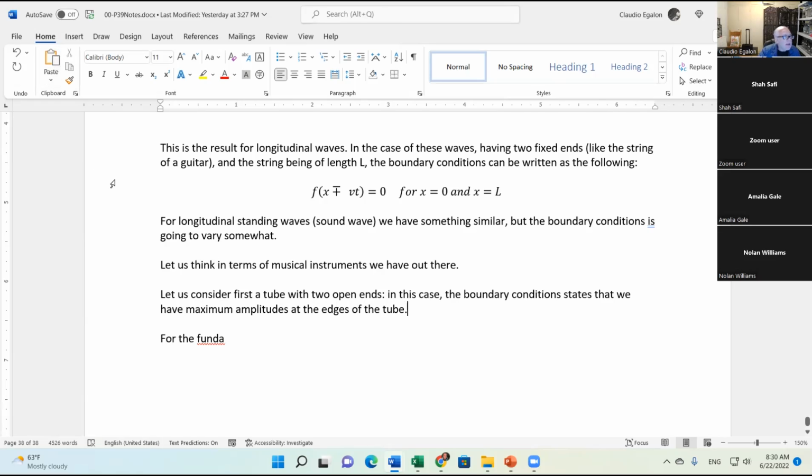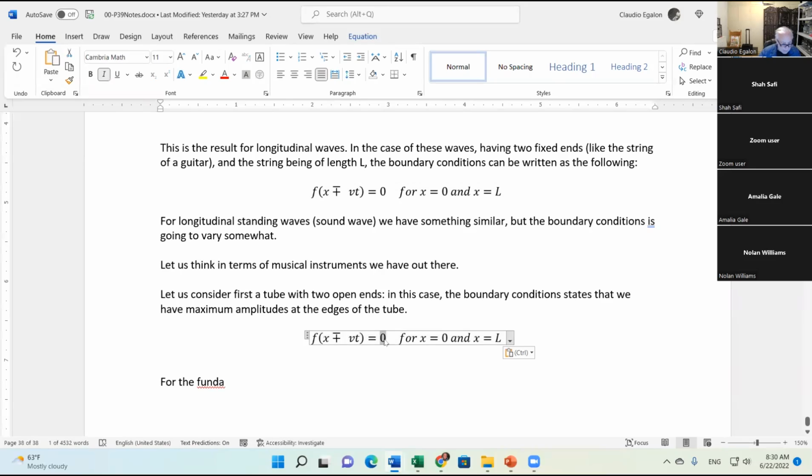So it's going to be something like that. It's going to be 2A for x equal to 0 and x equal to L.